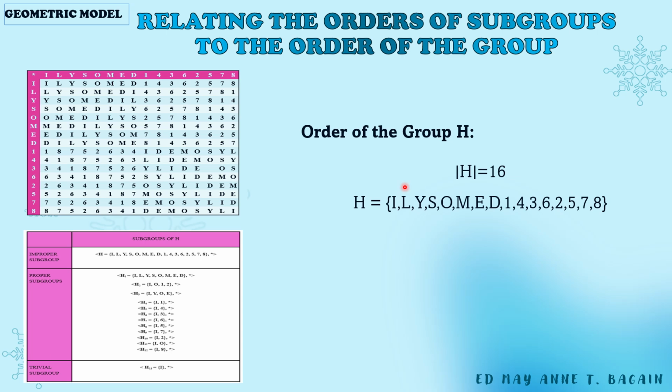And according to Lagrange's theorem, for every subgroup G of a finite group H, the order of G divides the order of H. Thus, the possible orders of subgroups G of H are the divisors of 16. So now we will be talking about what those divisors are.